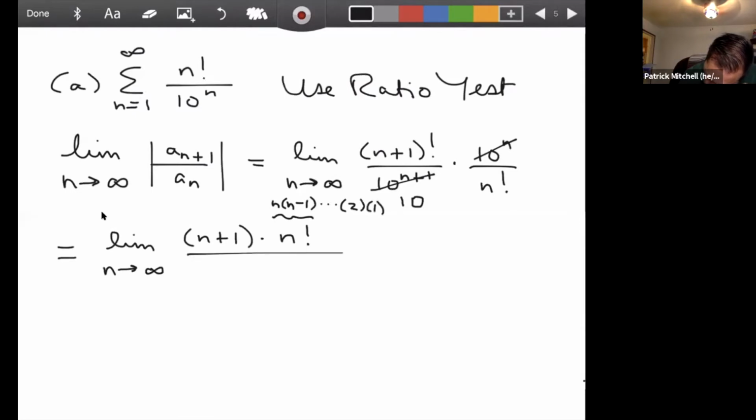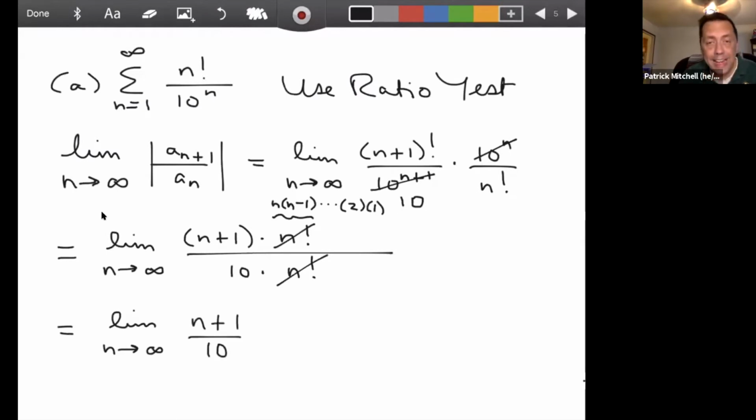And then downstairs we have 10 times n factorial. So it's really useful to be able to separate the n factorial like that, because goodbye, we can just get rid of it. So we're left with the limit as n increases without bound of n plus 1 over 10. As n increases without bound, so does n plus 1 over 10. This limit is infinite. This series diverges.